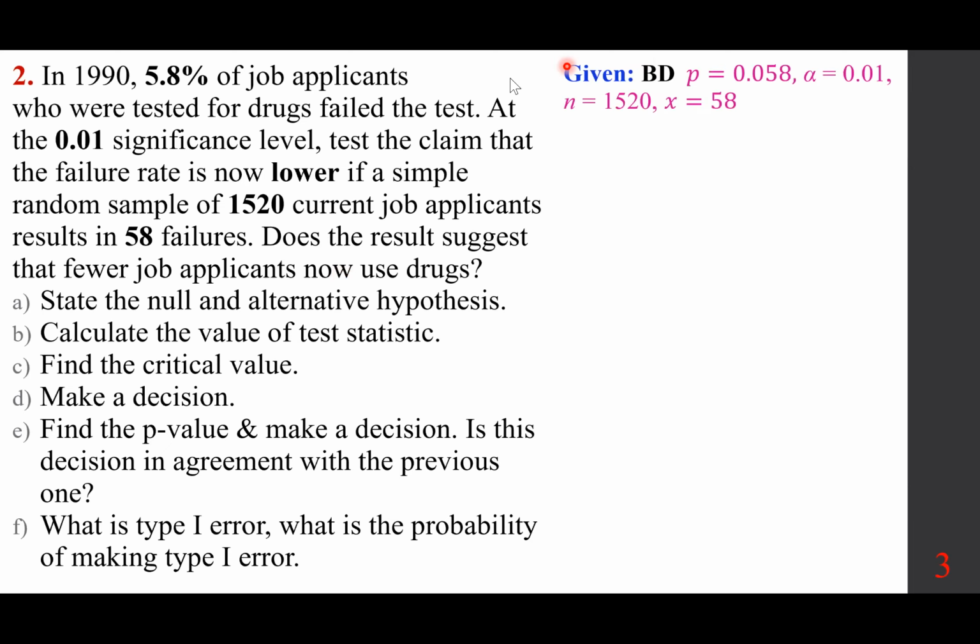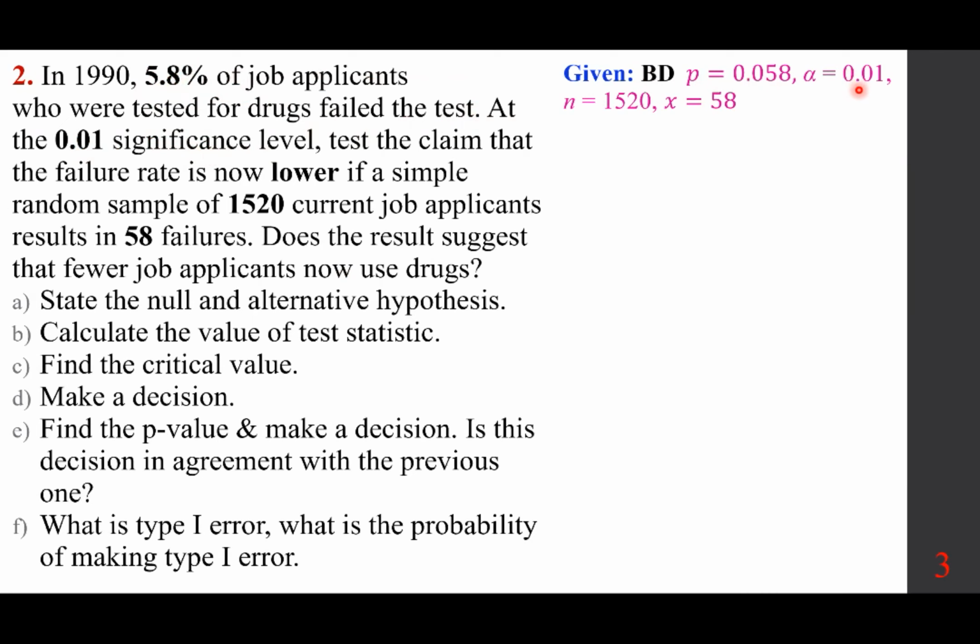This is a binomial distribution because there are two outcomes. They test positive or negative. So when it's a binomial distribution, we need to know N and P. This is 5.8%, so P is 0.058.